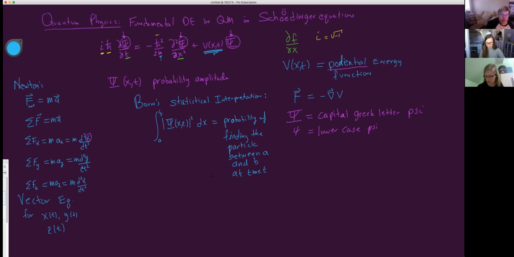Let's look at just a graph of that. Okay. Here on this axis, I'm going to plot this probability density. Now, why am I saying it's probability density?